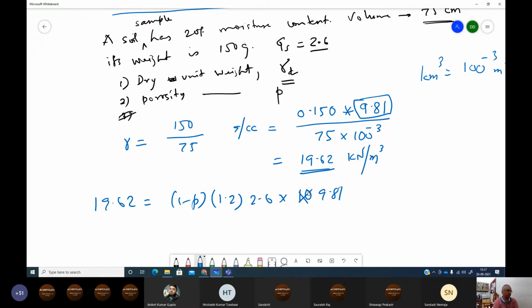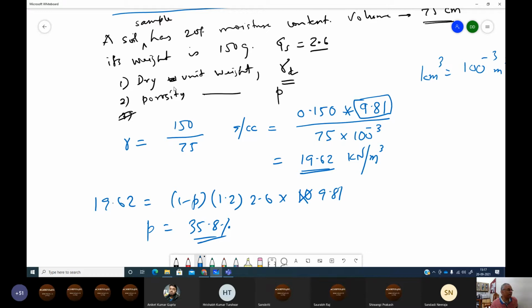So this is gamma W. So now you will get P. So the P becomes 35.8%. Okay, this is what we get. So porosity of that soil sample is 35.8%. So that much is volume with respect to the total volume.